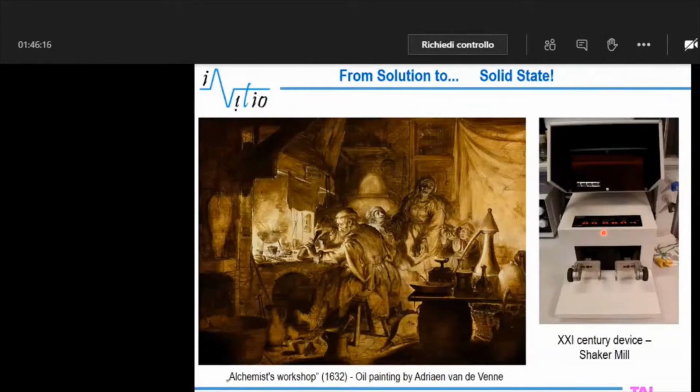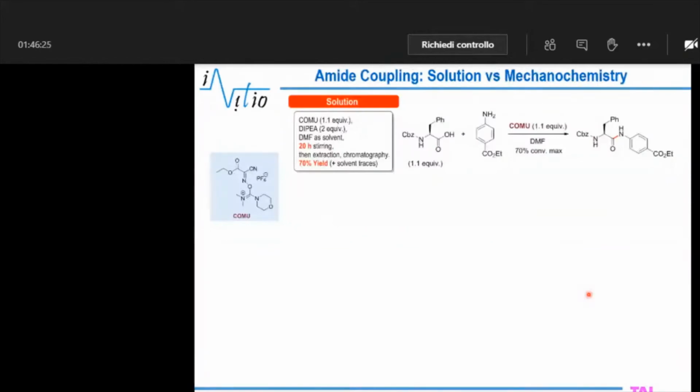And so this 21st century device, a shaking mill, we have in our lab, and we can apply it to the synthesis. And I will show you briefly the advantages which this mechanochemical synthesis brings in comparison with solution.